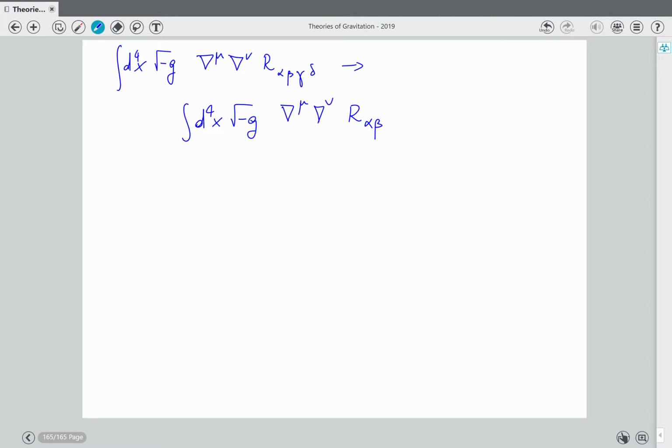And then we have to contract those among themselves somehow. So if you contract mu with nu and alpha with beta, you get what we got before. The other thing you can do is to contract one of those and then the other.